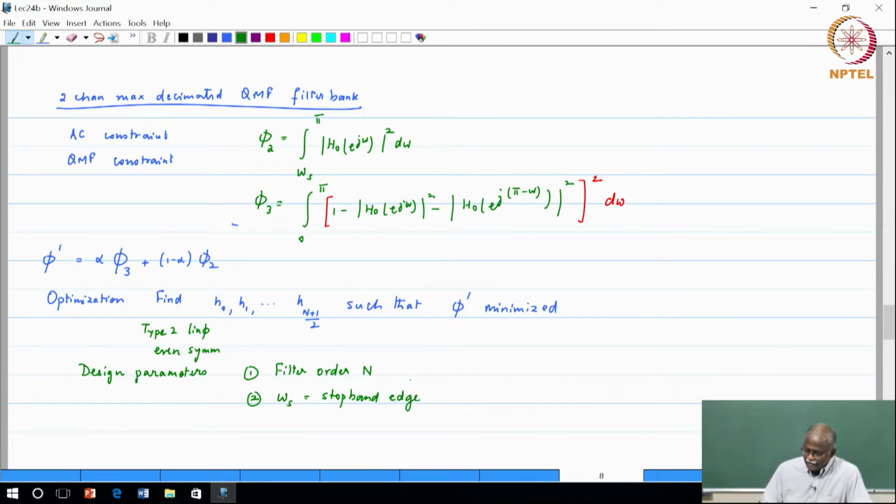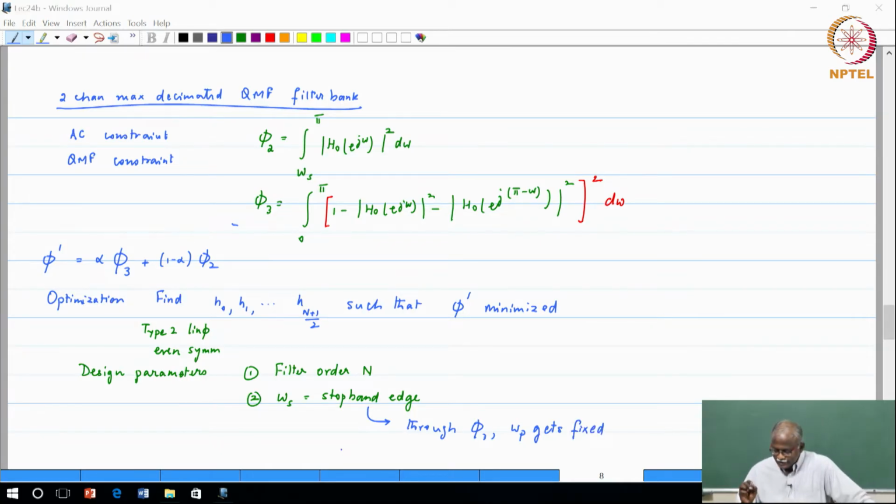And implicitly, once you fix the stop band edge and you have the constraints phi 3 through phi 3, once you specify omega s, omega p gets fixed because of the flatness constraint that we have specified. Okay.